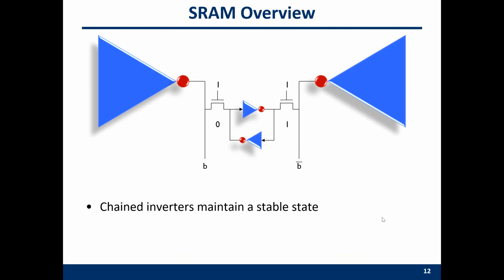When you close the access transistor, assume that the data is stored in this memory, it can also be detected by the sensor. So that is the cell.